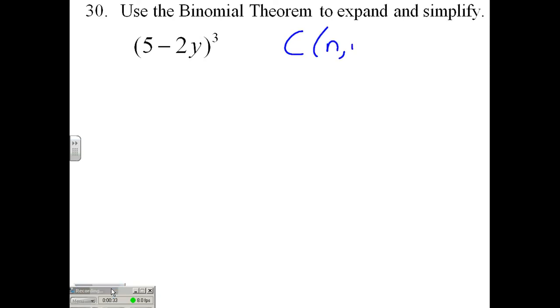Combination n r is often written as, and this is the way your calculator likes it, nCr. And there's also a notation like this. And just for the sake of space, I'm going to use this form.